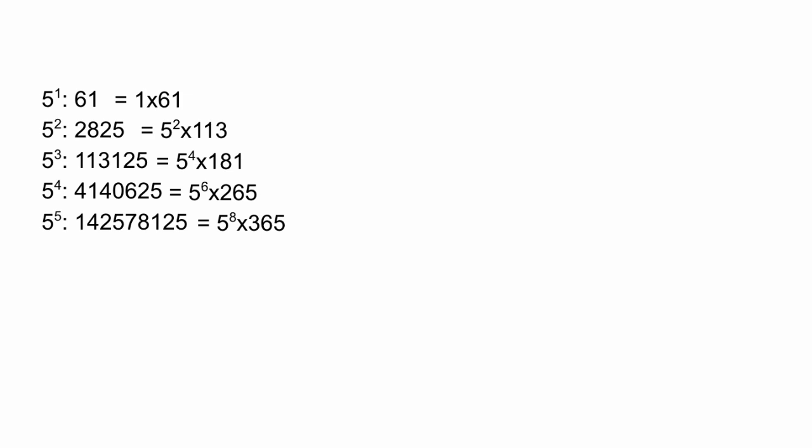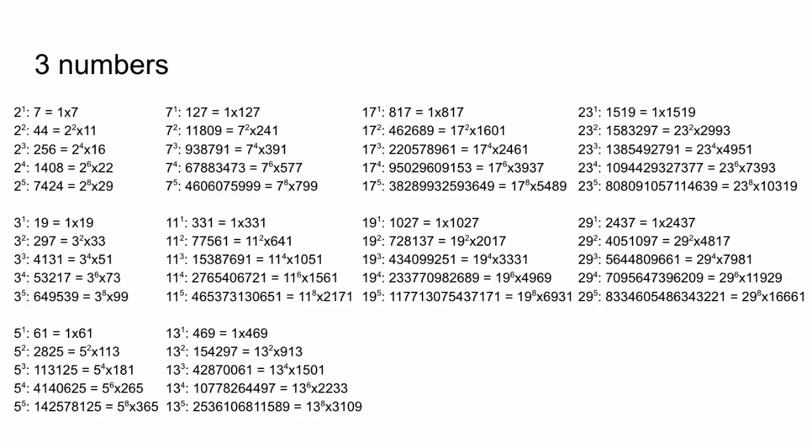Okay, so what now, right? Well, there's something I'd like to show you here, which is that all of these numbers are one more than a multiple of one less than the prime number that it's associated with. What do I mean by this? So look back to what we did with 5.